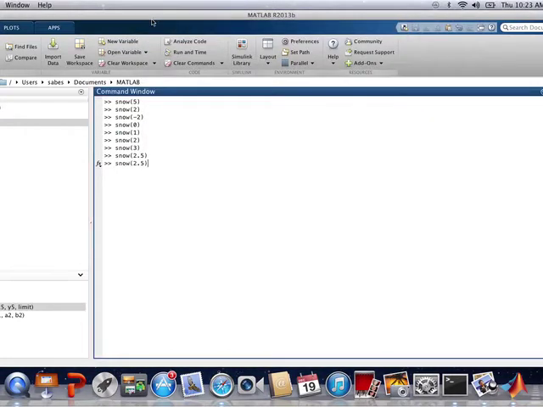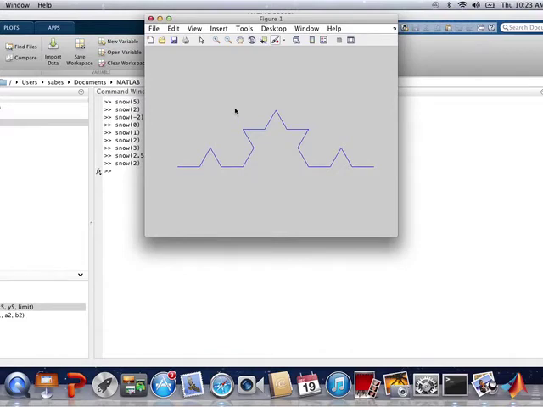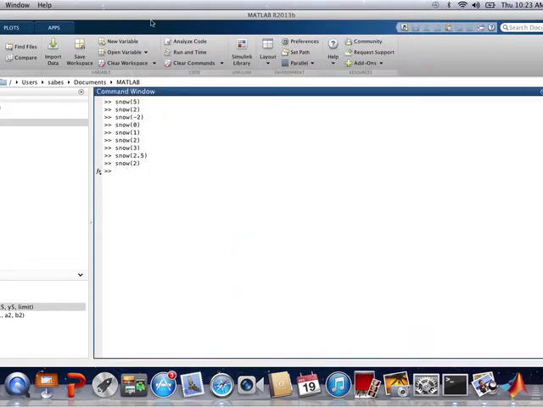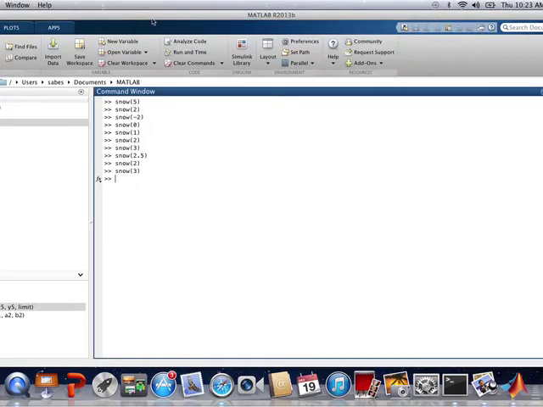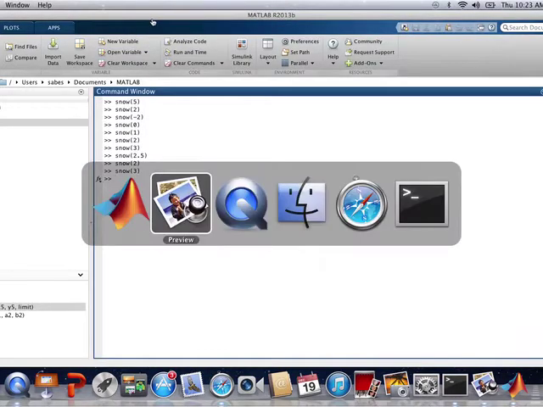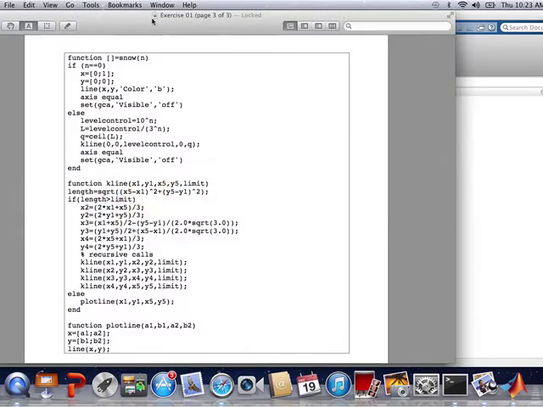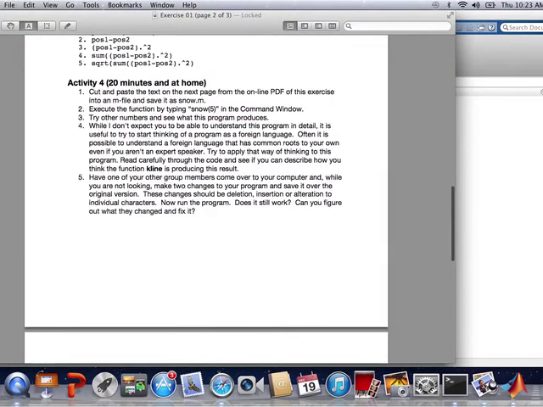It was simpler, and snow 3 was same as snow 2.5. So that was the first thing that we note. Then let's see what the exercise asks.